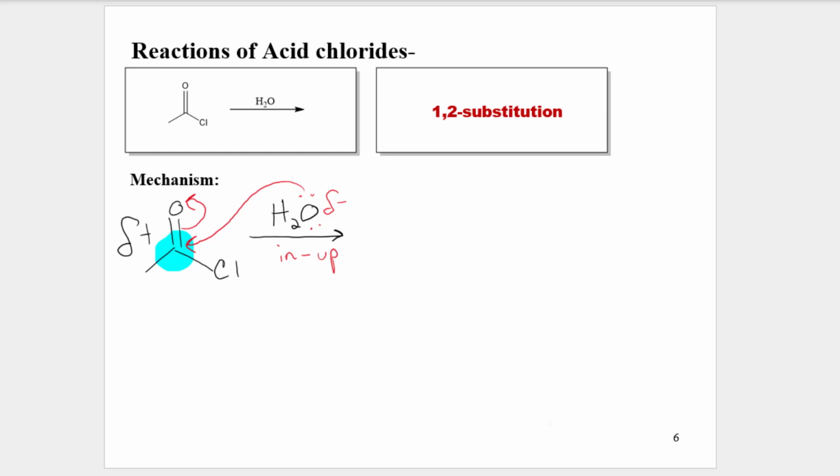Remember, the carbonyl started as a carbon that was sp2 hybridized. And when the water attacks, it can attack from either the front side or the back side. You're going to see that it won't matter here. And now the oxygen has a negative charge.